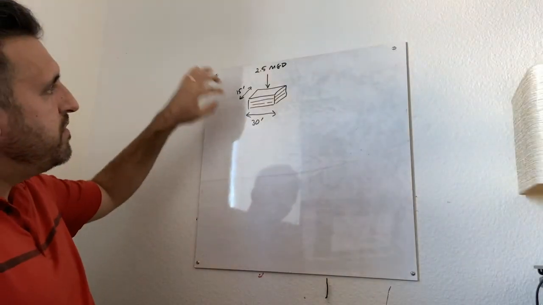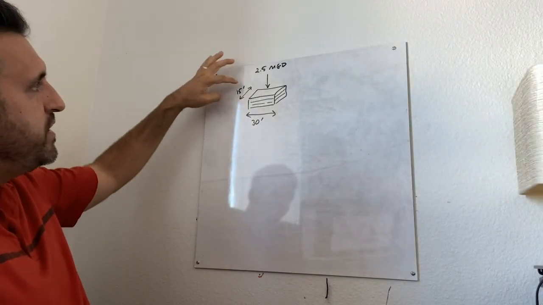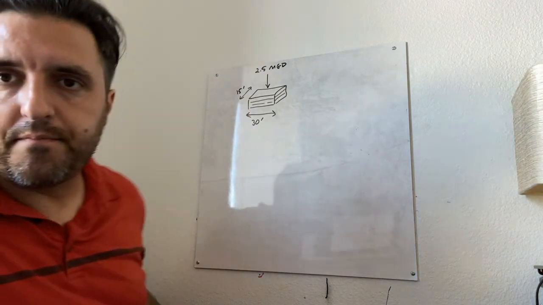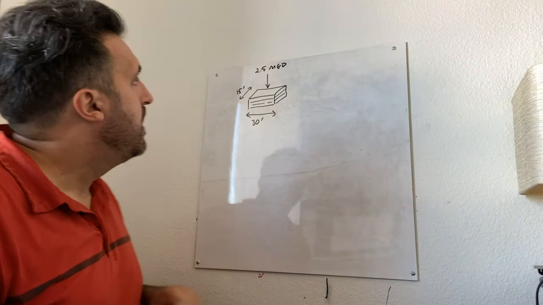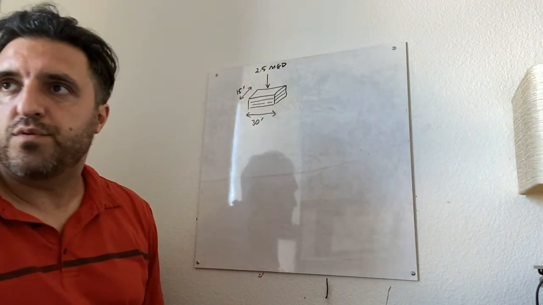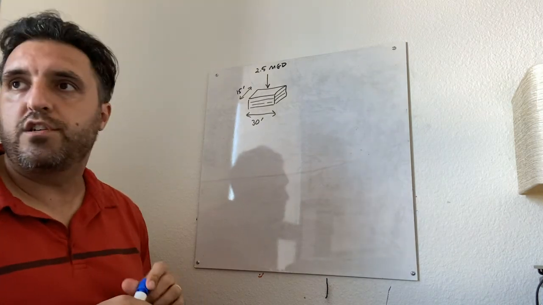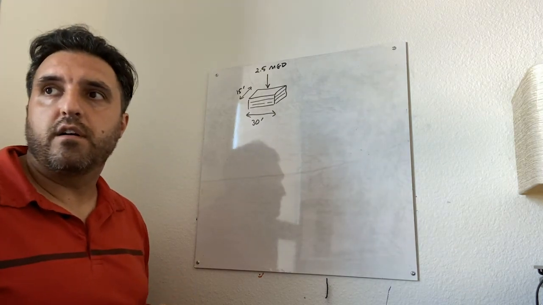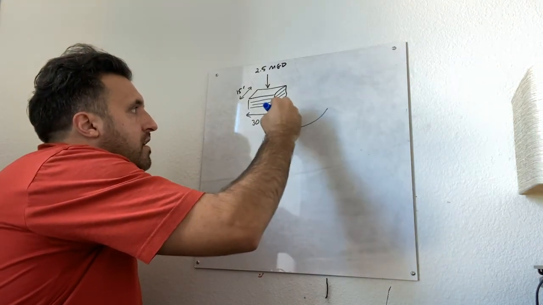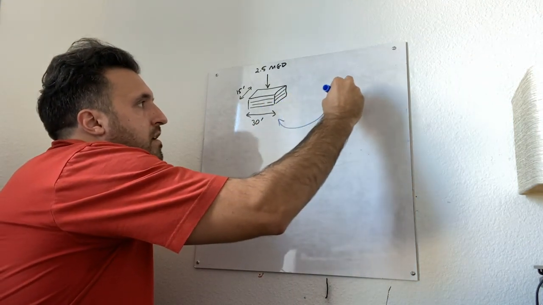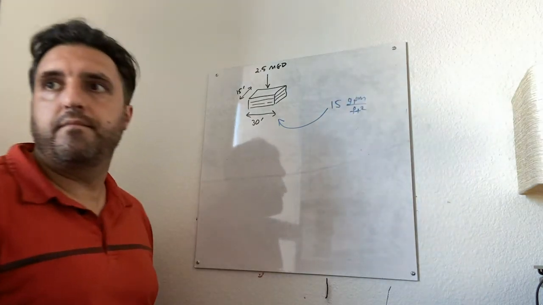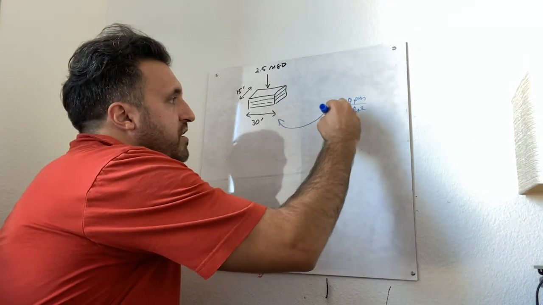Alright, so for this problem we've got a filter which has dimensions of 15 feet by 30 feet, and we're told after filtering 2.5 million gallons in a 24-hour period, the filter is then backwashed, and the backwashing occurs at 15 gallons per minute per square foot for a duration of 12 minutes.